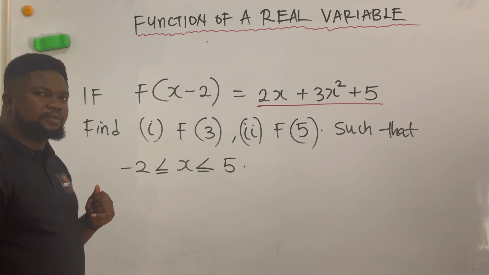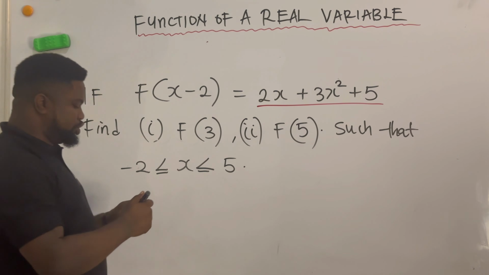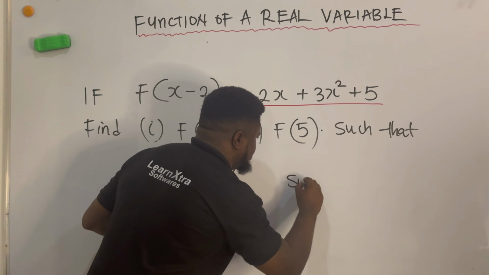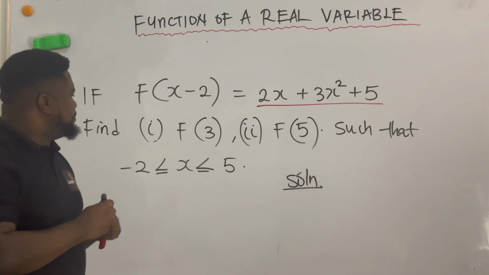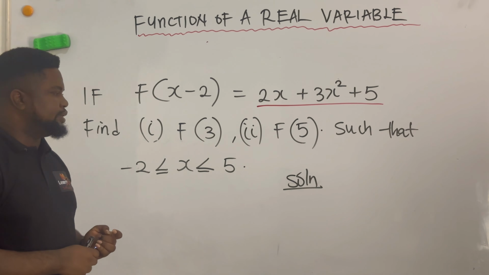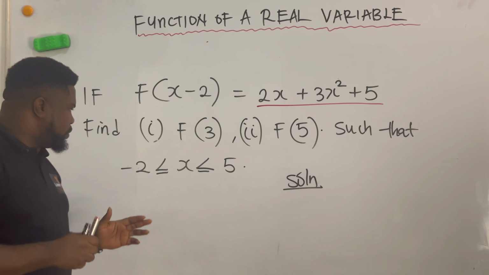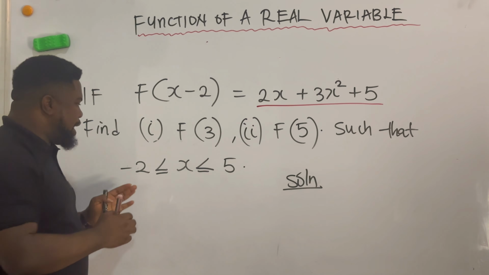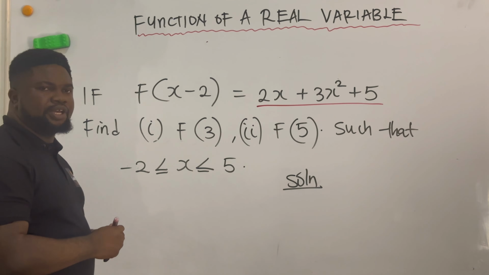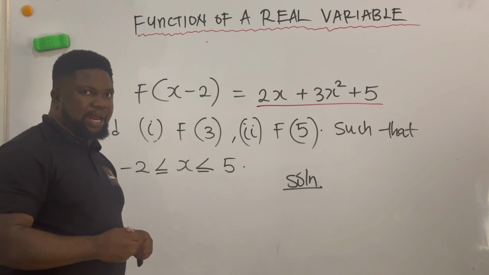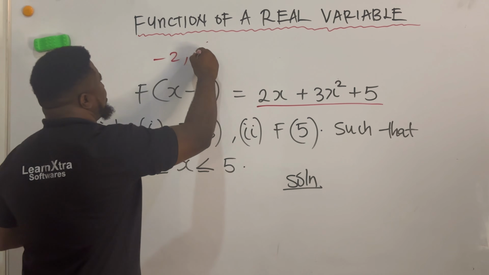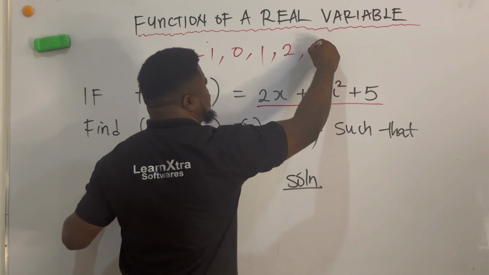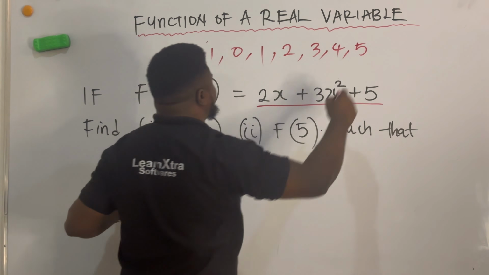Now, let's solve this. Solution. Before we can solve this, do you understand what this thing means? The range here. This thing means numbers from minus 2 up to 5. If you know your number line properly, you have minus 2, minus 1, 0, 1, 2, 3, 4, 5.